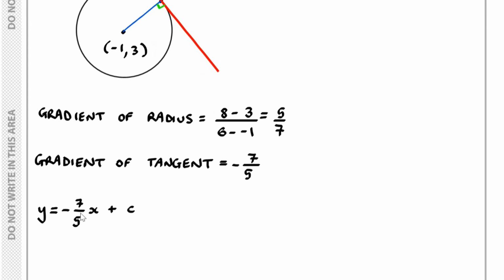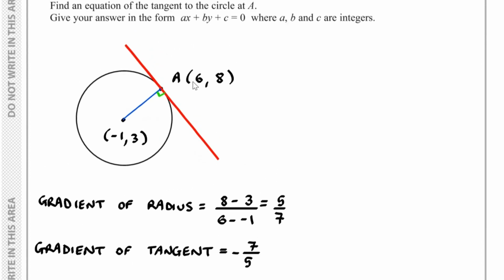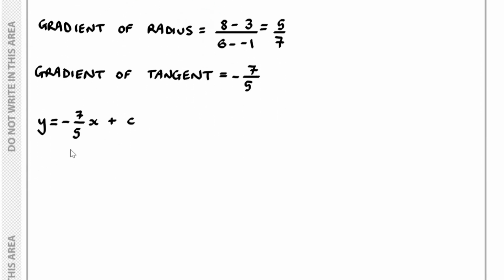So, if we substitute in the point 6,8, we have 8 equals negative 7/5 times by 6 plus c.